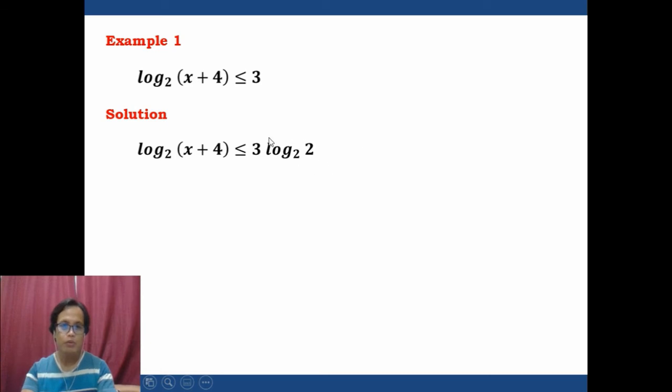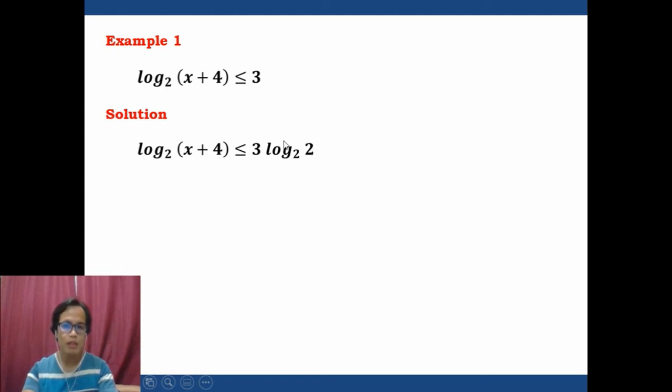Why did we use log of 2 base 2? Because our base on the left side of the inequality is 2. Our focus must be that the base of the log on both sides of the inequality must be equal. If this is 2, our base here is 2. Now, to make this log equal to 1, our power here must also be 2.